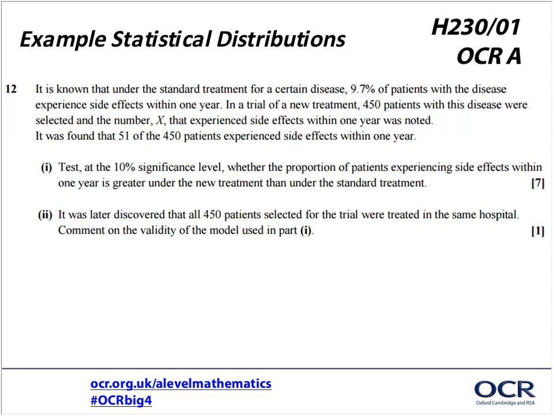And as I said, at AS, it is just the binomial and binomial and normal in the A level. So here's an example on the AS 230 paper 1, question 12, where we've got a binomial distribution and binomial hypothesis tests.